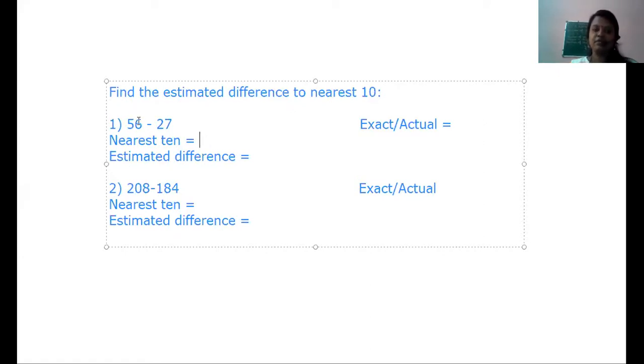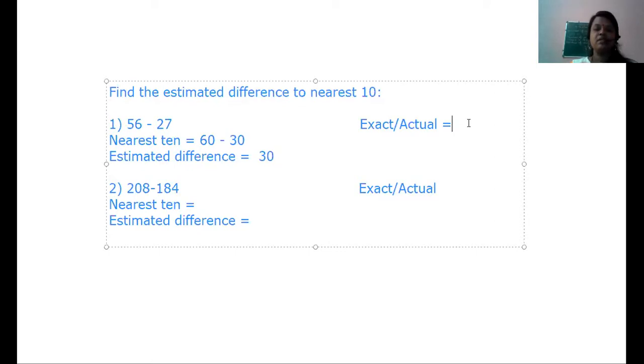As you can see, in 56 the number in the tens place is 5, and the next number is 6. So we need to round off 5 to 6, because we have a number greater than 5 next to 5. So it is 60 minus 27, which rounds off to 30. So the estimated difference is 60 minus 30, which is 30.